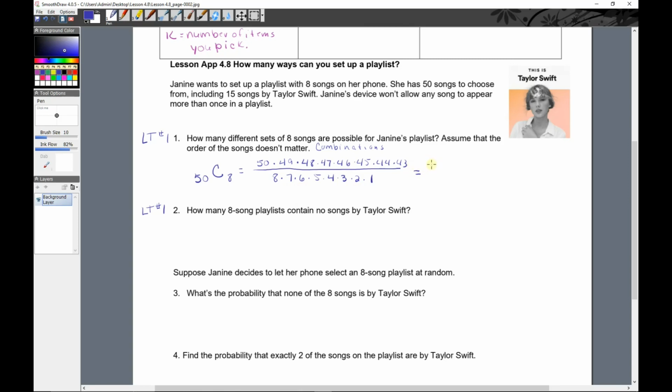This will be 536,878,650. So yeah, she's got a lot of ways to build an 8-song playlist. So this is going to be that many different 8-song playlists.